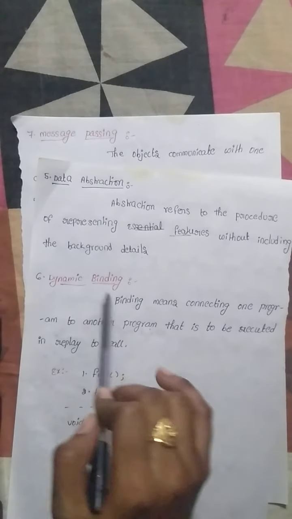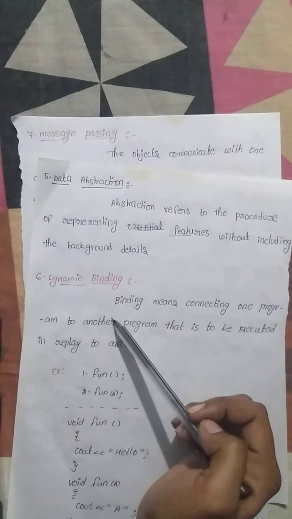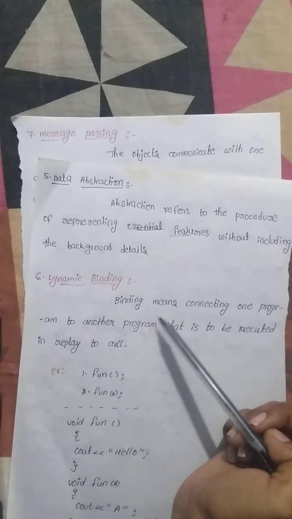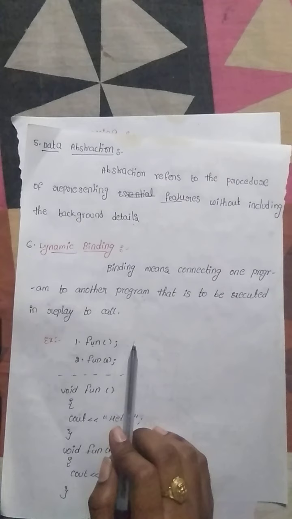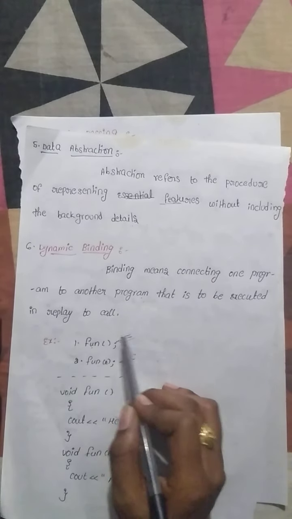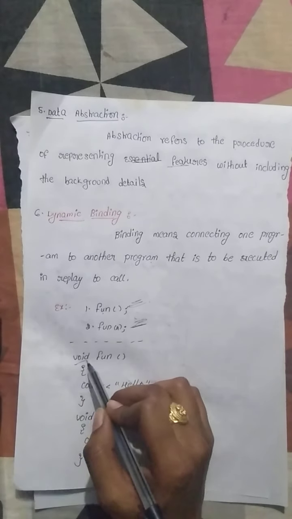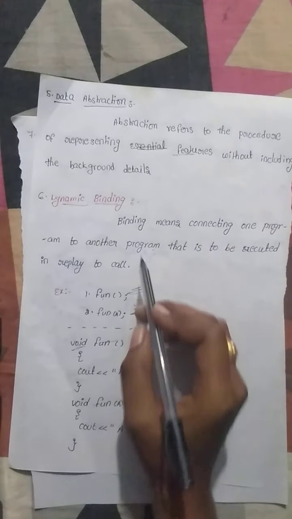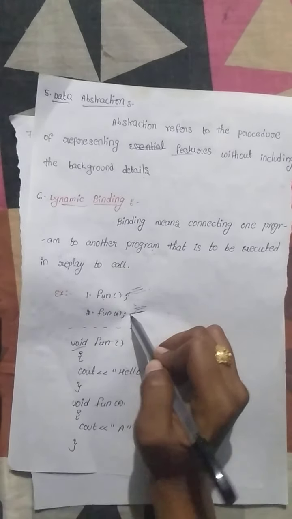Next, data binding. Binding means connecting one program to another program that is to be executed in reply to a call. Here we take one example. This is the first function and this is the second function. These two functions are written in one place, with a void function statement here and a void function 2 statement here. This is without parameter, this is with parameter.